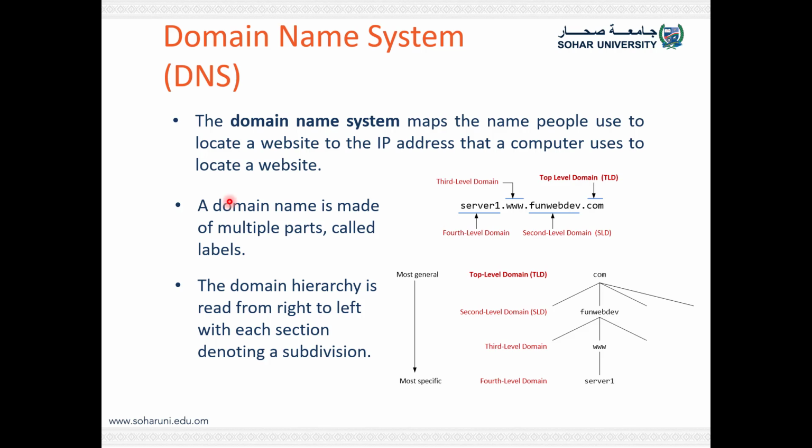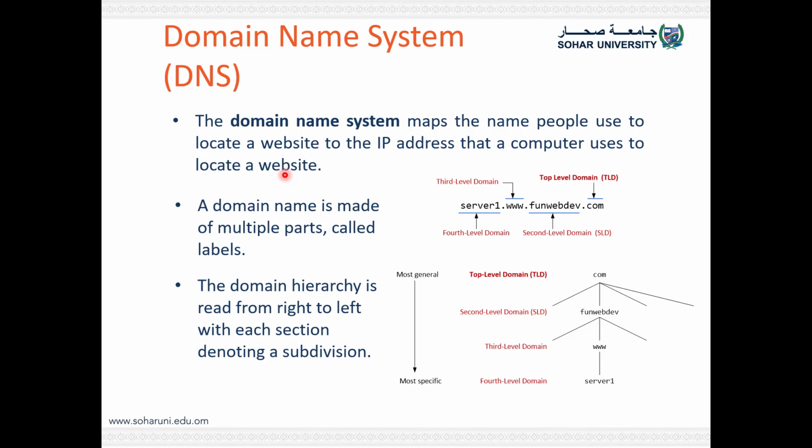Before that, we need to know the meaning of the domain name system, which simply maps the name people use to locate a website to the IP address that the computer uses to locate a website. For example, to access any website, we are not using the IP address, we are using the name of that website, for example, www.google.com. This is what we call a domain name.